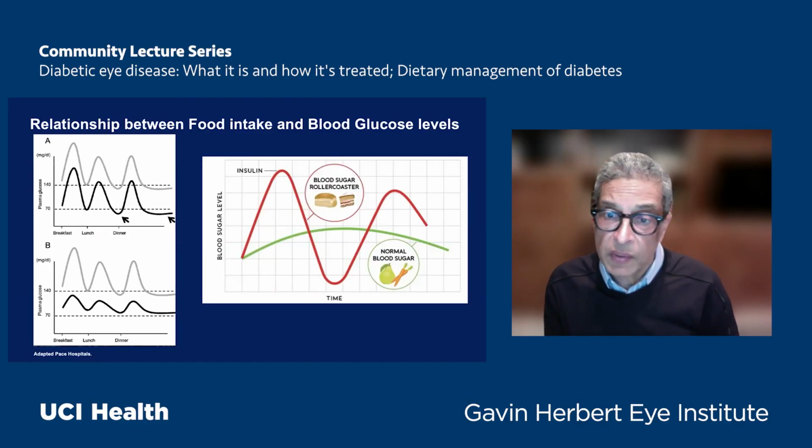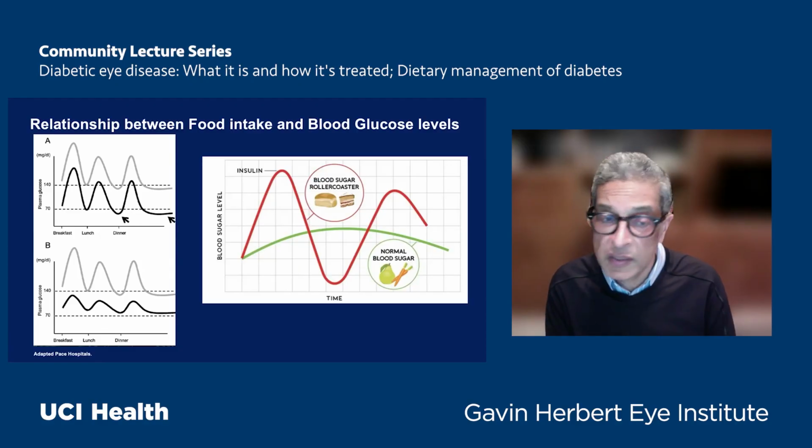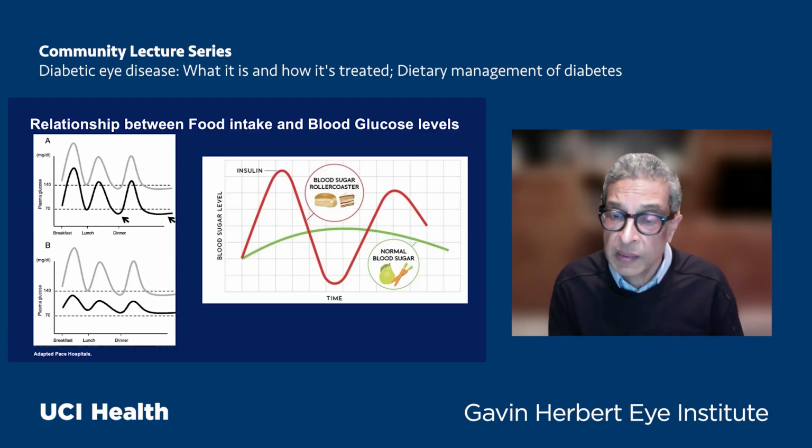There's something that we see early on in diabetics, and that is that the blood sugar might go up quite a bit after a meal, and then the pancreas responds to it with producing a lot of insulin when the pancreas still can produce insulin. So this is typically a patient who's insulin resistant or on the way to becoming diabetic.